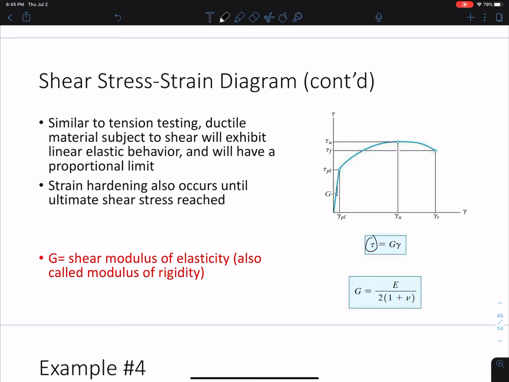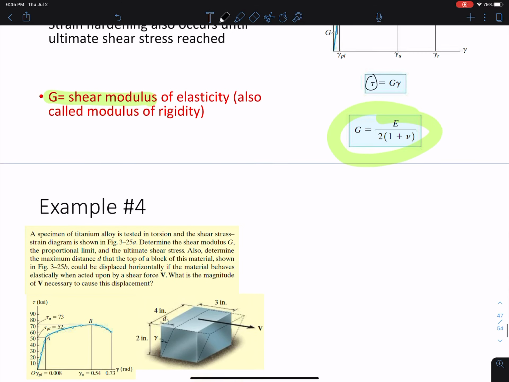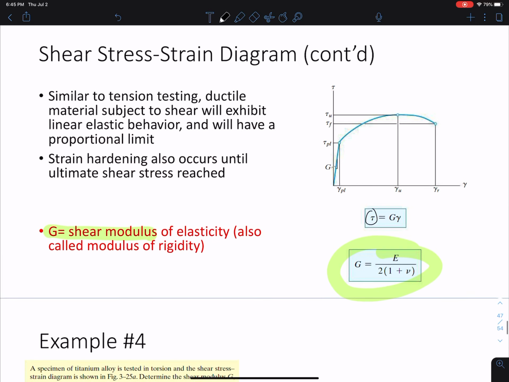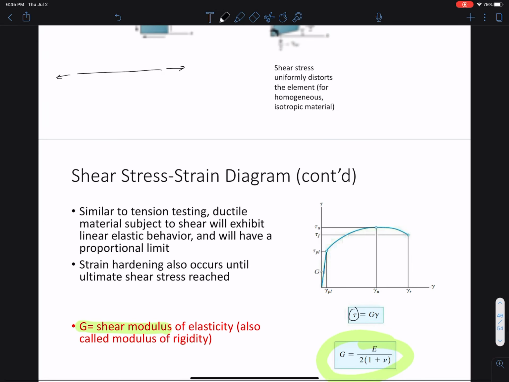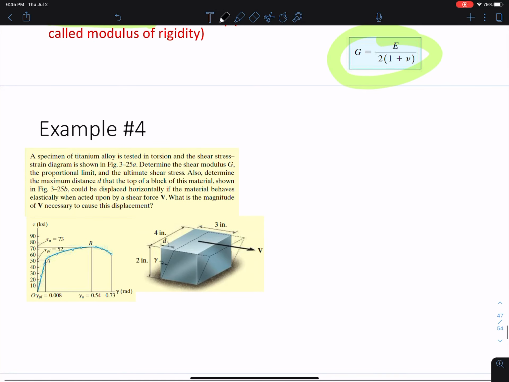You can think of G as similar to your modulus of elasticity, but we now call this the shear modulus, and we have a function that connects it to E and Poisson's ratio. Because we already went through all these definitions, and it's pretty much the same, the best way to get this is by going over another example.